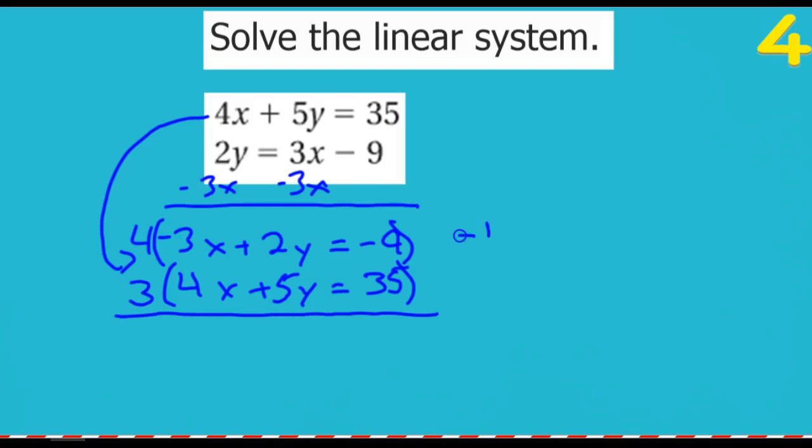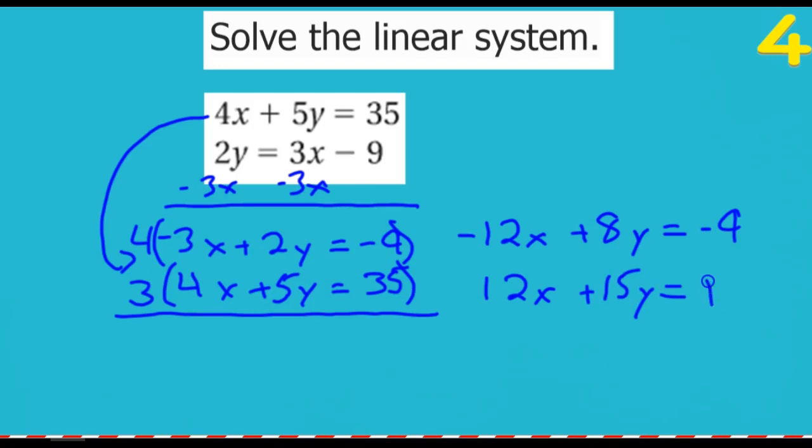So we get a negative 12x plus 8y equals negative 9. 12x, and 3 times 5 gives me 15y. And 3 times 35, that's going to give me 105.